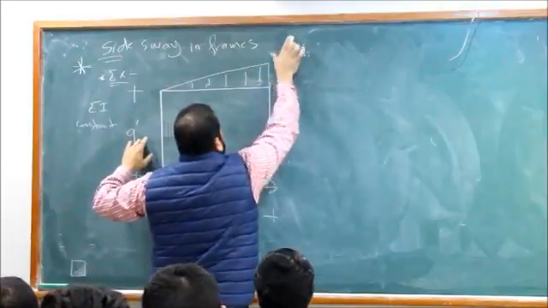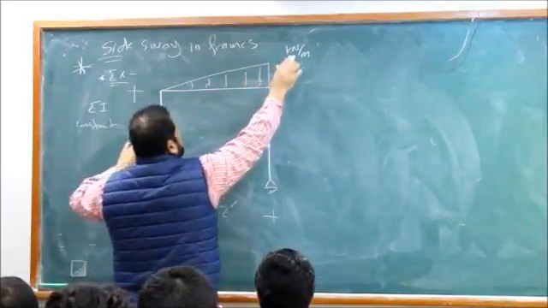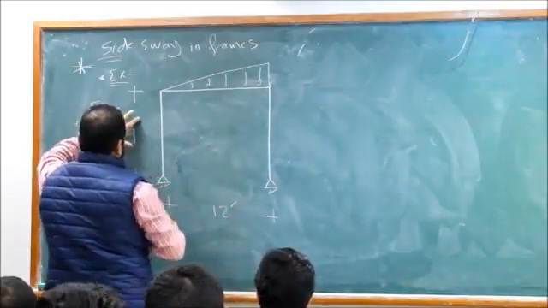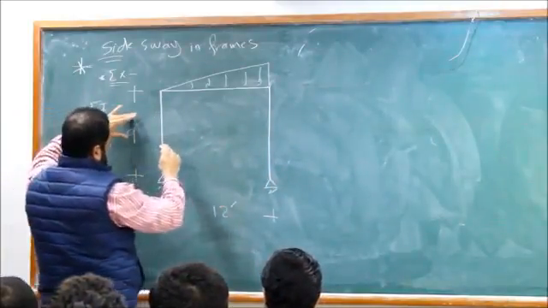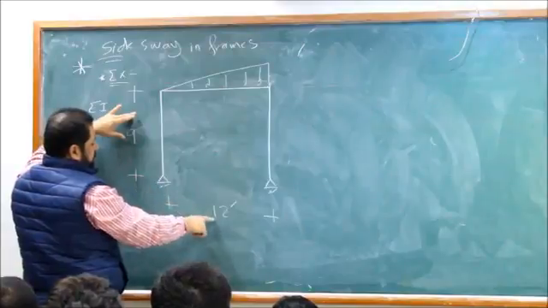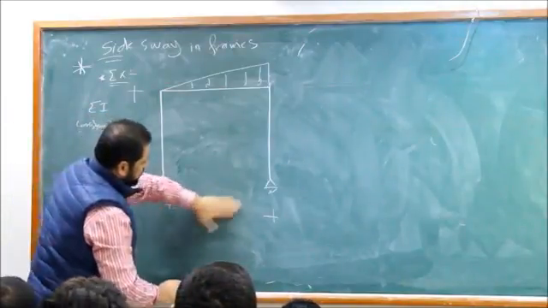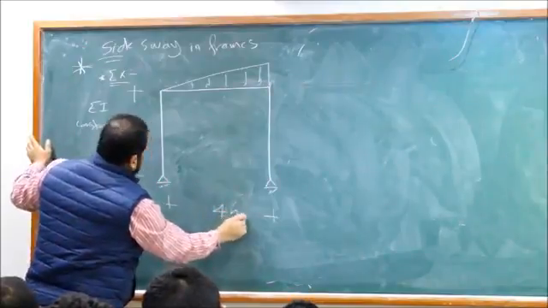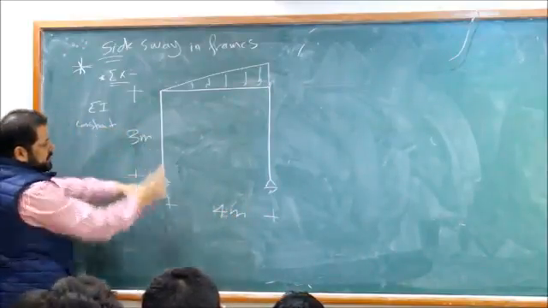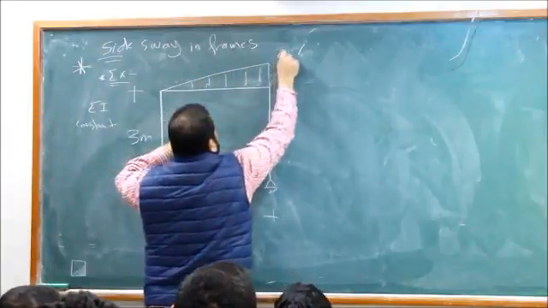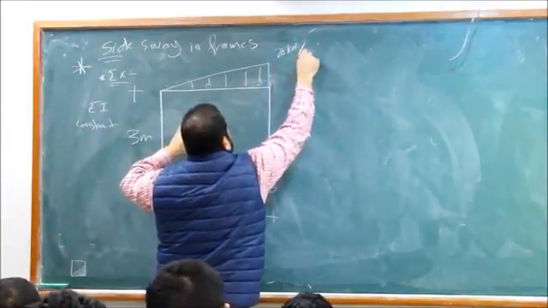Let's do this: 9 meters is too much. So this is 3 meters and this is 4 meters, or 9 feet, whatever. But let's do 20 kilonewton per meter.